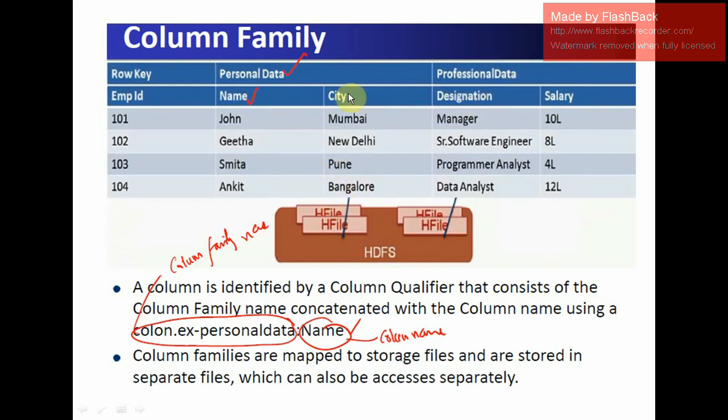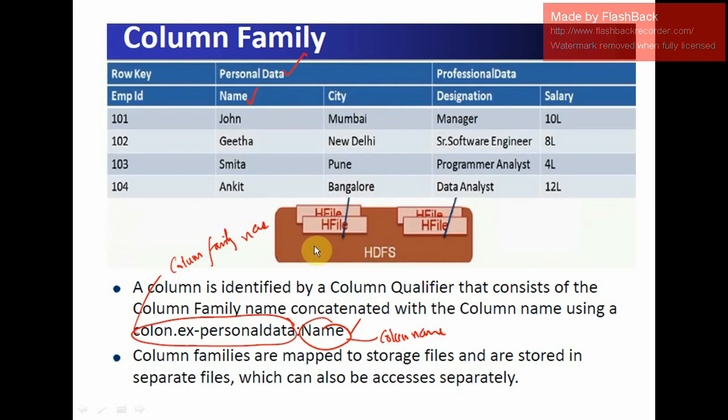These columns are basically stored in H file. Instead of storing the whole row, we are storing the data in terms of column families. So one column family will be stored in an H file, and another column family will be stored in another H file. So that is the basic architecture of how we store the data in HBase using H files.